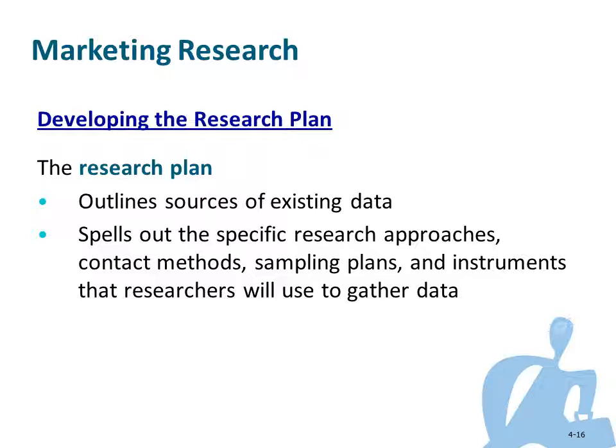Developing the research plan, the second step of the marketing research process, calls for determining the information needed, developing a plan for gathering it efficiently, and presenting the plan to marketing management. The plan outlines sources of existing data and explains the specific research approaches, contact methods, sampling plans, and instruments that researchers will use to gather new data.